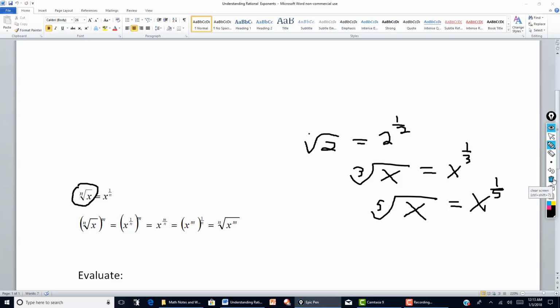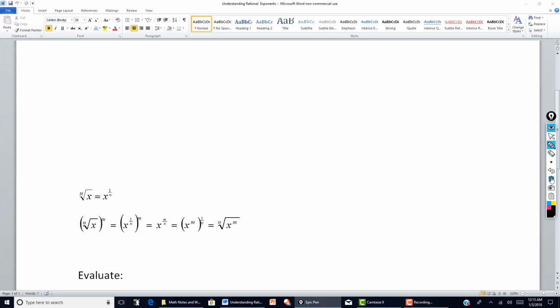Now, using the laws of exponents, let's look at this first expression. I have the nth root of x in parentheses, taken to the n power. This is the same as x to the 1 over n, raised to the m power. So I multiply by the laws of exponents: m times 1 over n becomes x to the m over n.